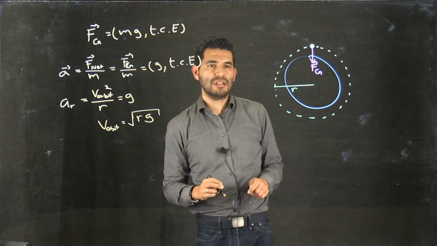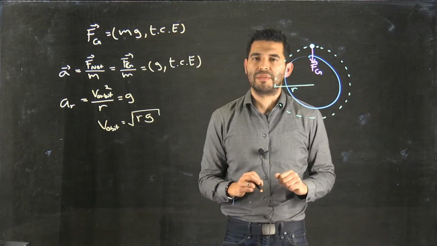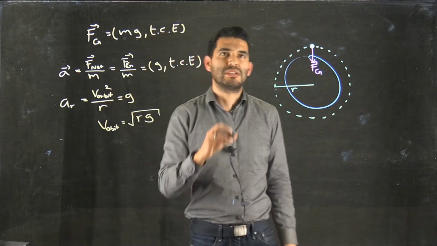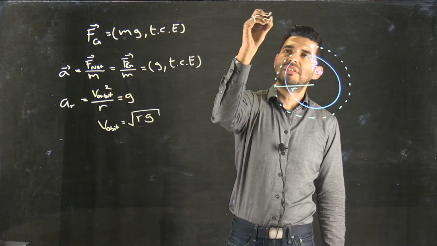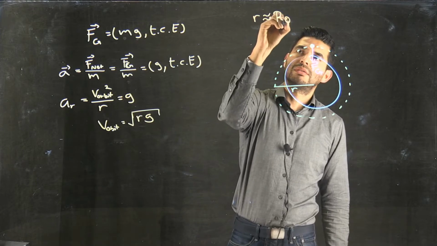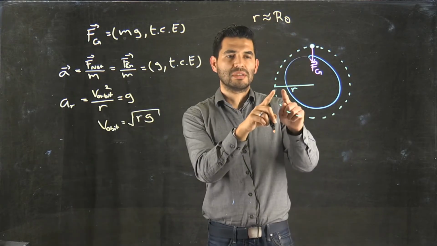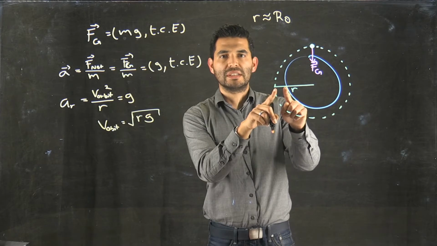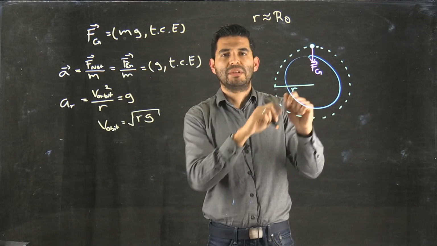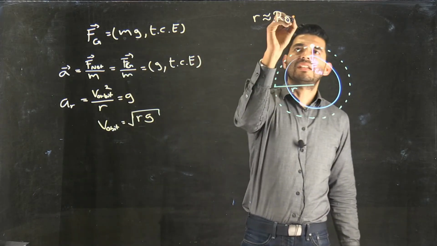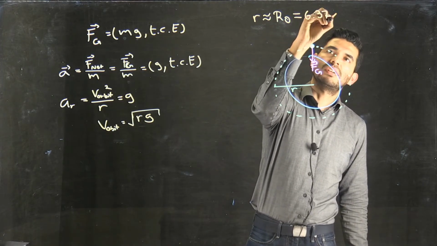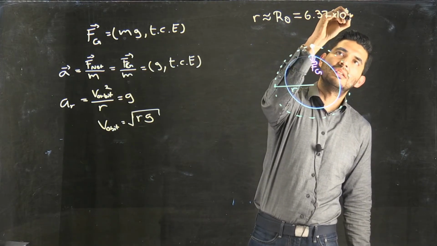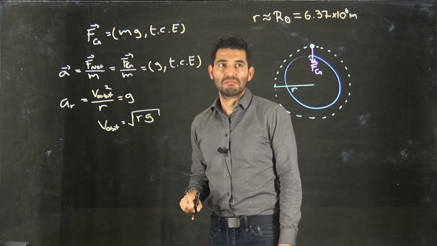Now, because I am near the surface of the Earth, we're going to make the approximation that the radius of that orbit is very similar to the radius of the Earth, right? That is because this distance is much smaller than the radius of the Earth. So then I can say that that is approximately 6.37 times 10 to the 6 meters.